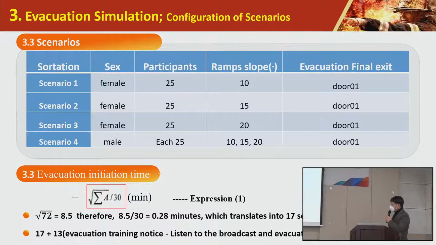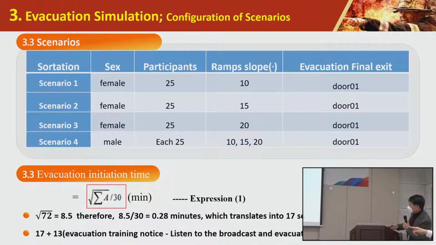30 seconds is the evacuation training notice. Listen to what it means. Sigma A. Sigma 8. What is the 8? Sigma. Terminology 8. What does it mean?